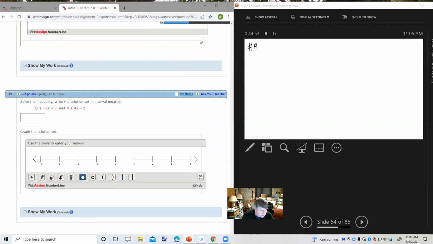Solve the inequality, write the solution set in interval notation. We have the word and, which means intersection. So we've got 3x greater than or equal to negative 2x plus 5 and 9 greater than or equal to 4x minus 2. So solving the first inequality, adding 2x to both sides, 5x greater than or equal to 5, divide by 5, x greater than or equal to 1.